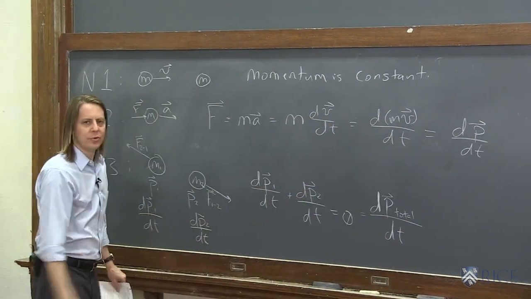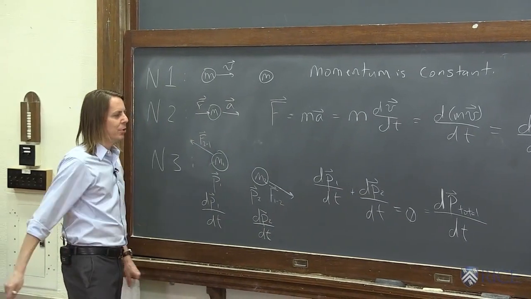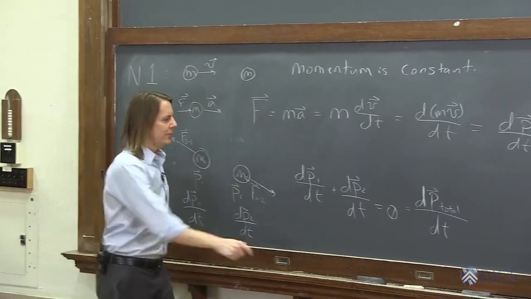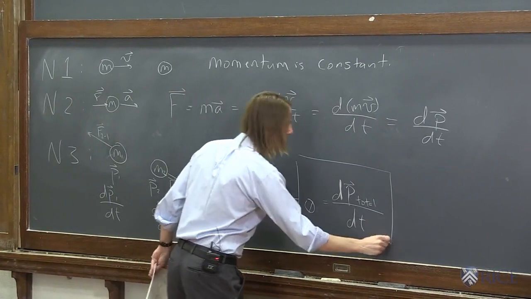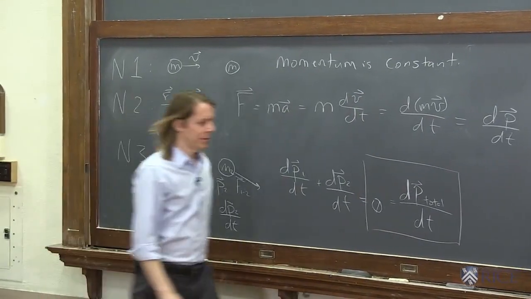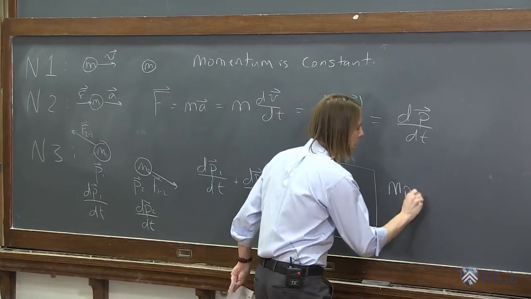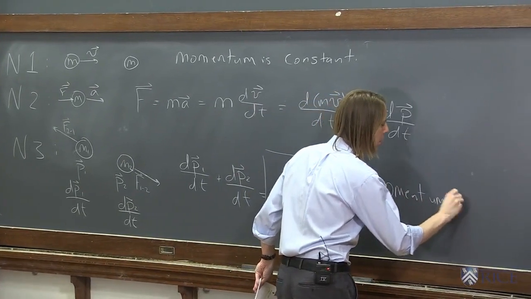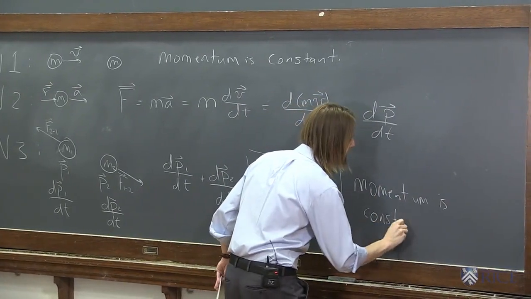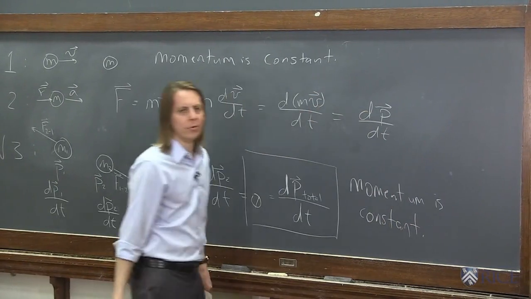The system only has those two particles, and its total momentum is p1 plus p2. So for this isolated system, the momentum is constant. Or you could say the momentum is conserved.